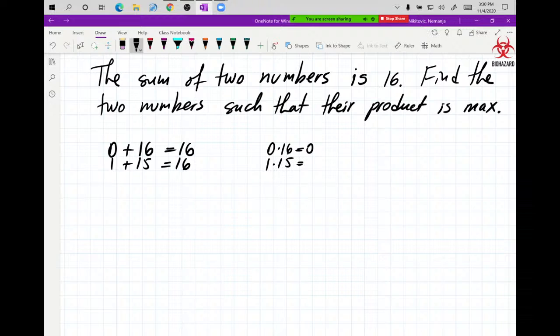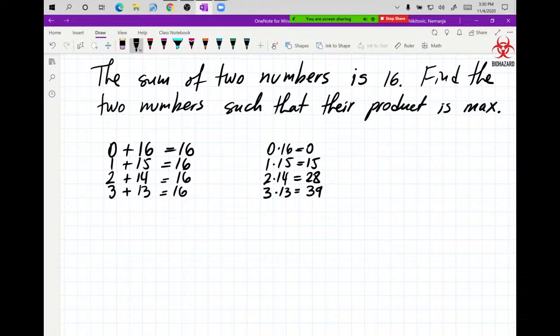Then 1 times 15 is 15. All right, that's better. Let's try 2 plus 14, because that's also 16, and 2 times 14 is 28. Well, now that's better than 15. Keep going. 3 plus 13 is 16, and 3 times 13 is 39.